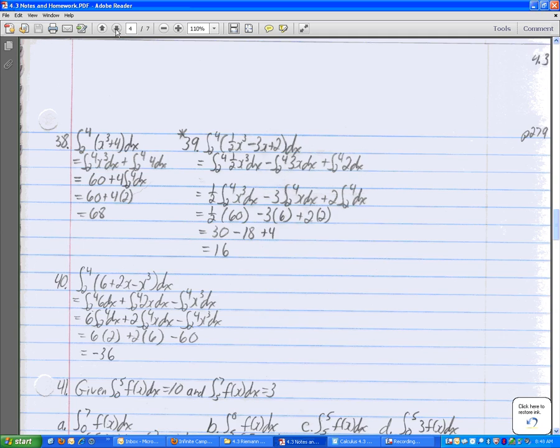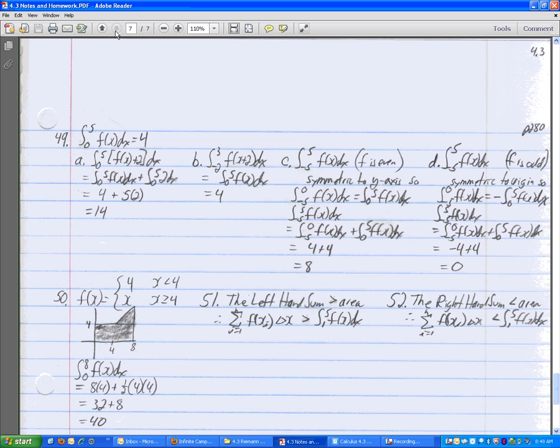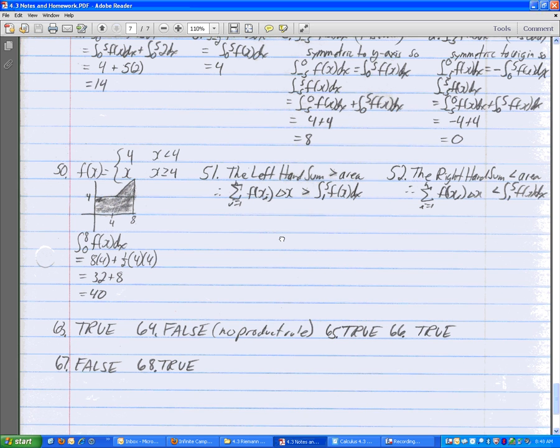51. There it is. The closed interval from 1 to 5 is partitioned into n subintervals of equal width, delta x, and x sub i is the left endpoint of the ith interval.